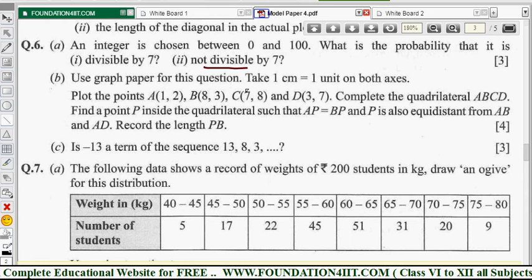Now the question is to find the point P inside the quadrilateral such that AP is equal to BP. So A to P and B to P should be the same distance, and P is also equidistant from AB and AD. P equidistant from AB and AD means P must be on the angle bisector of angle BAD.